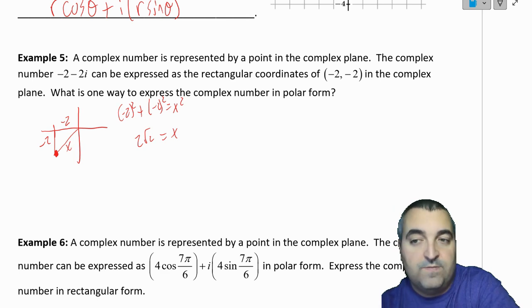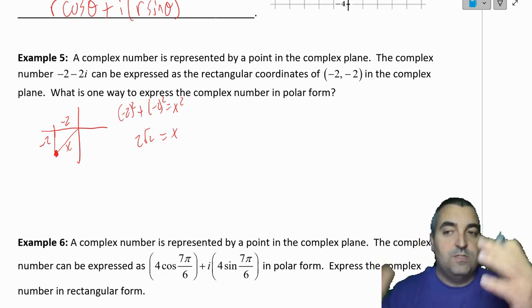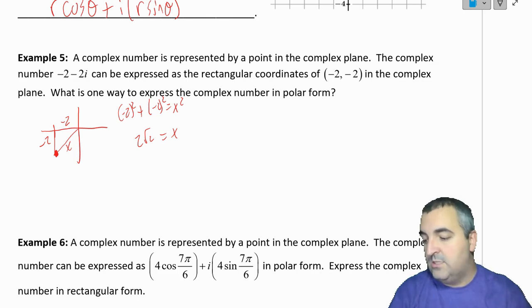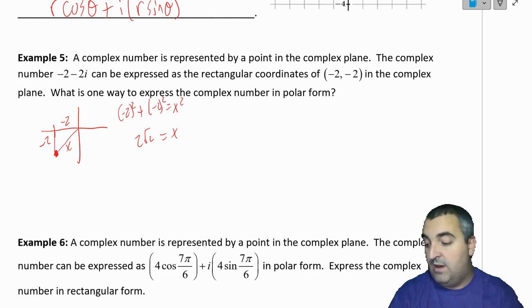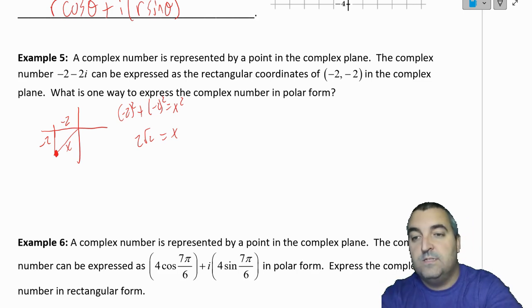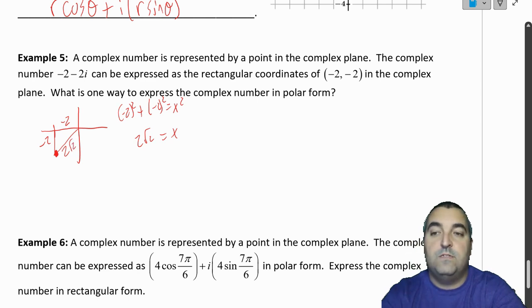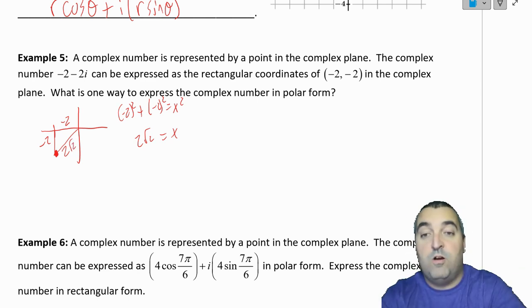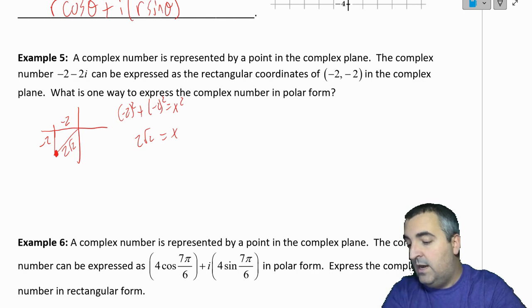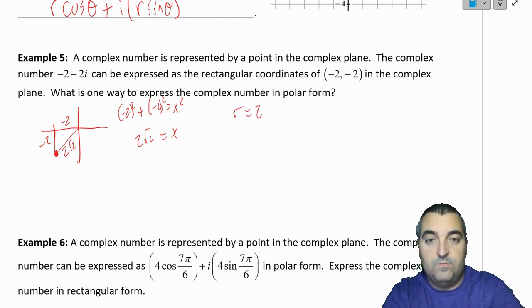And again, you could have figured this out because you see that those two sides are the same, so this is a special right triangle. So we know that side's 2 root 2. So there's our r value. That's actually r. So r is 2 root 2.